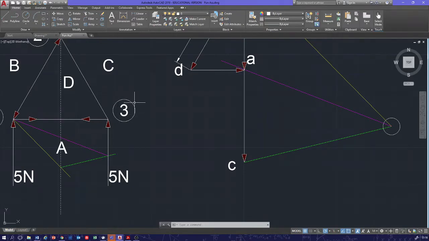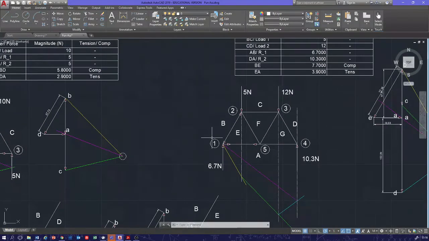So in our case here, that's going to be joint 3, and over here, well, our rules for a joint are that it must have 2 or less unknowns. So we could tackle joint 4 because there's 1, 2 things we don't know. We could tackle joint 2 because there's 1, 2 things we do know, but 1, 2 things we don't know.